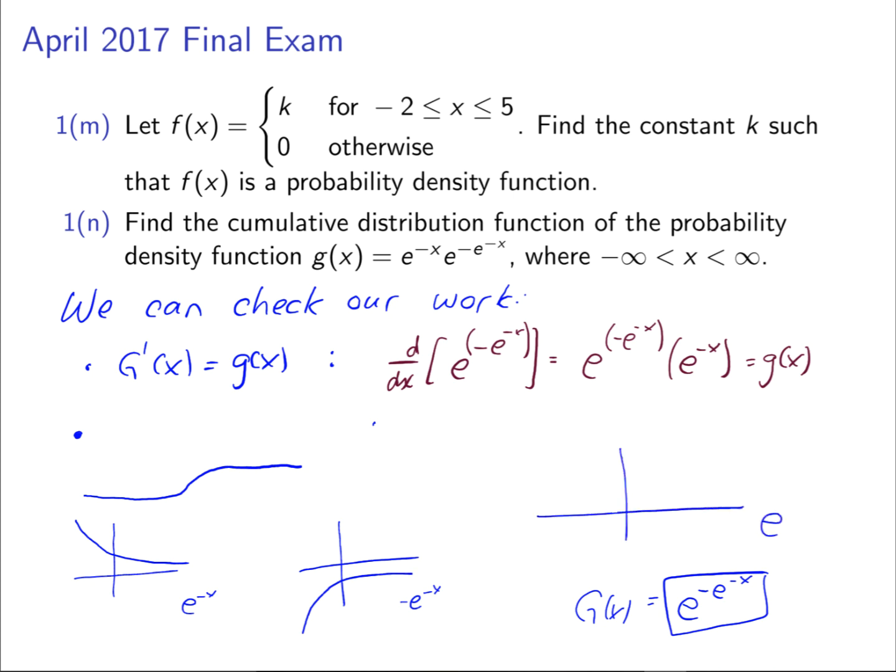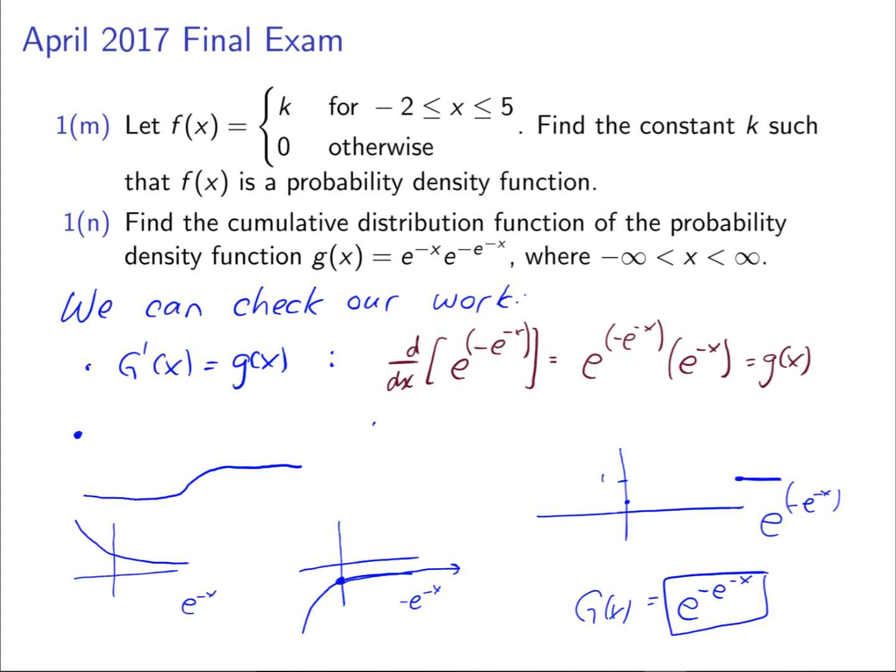So if I take e to the minus x, when x is 0, I have e to the negative 1, that's 1 over e. And then as x goes to infinity, this goes to 0. So as x goes to infinity, I have something that looks like e to the 0, and e to the 0 is 1.